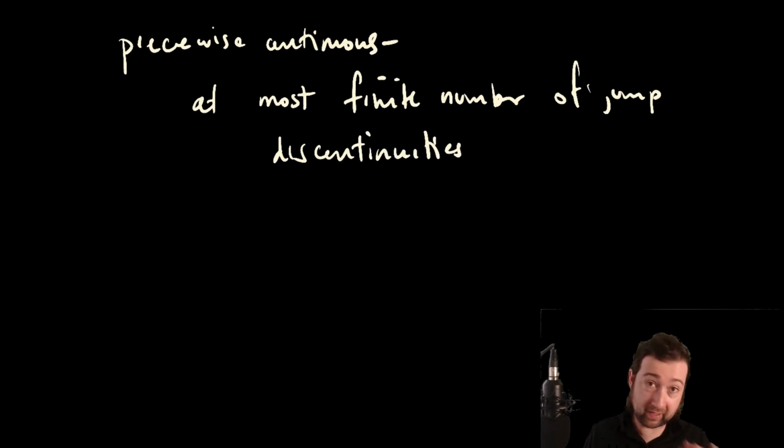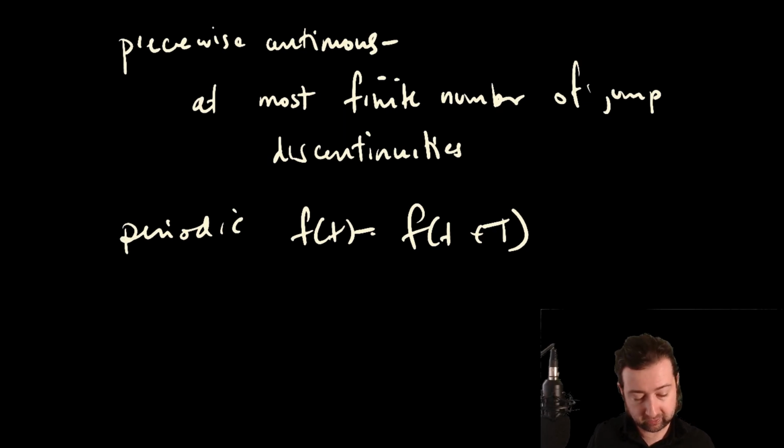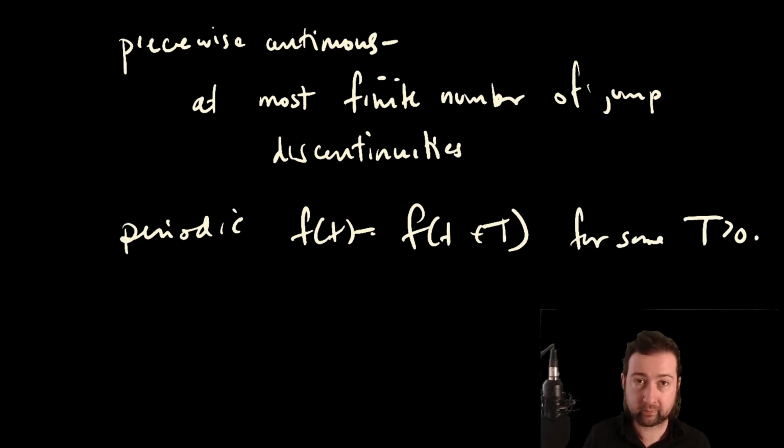That is, no asymptotes. We're still not allowing asymptotes to happen here. And by periodic, we already know what that means. Periodic means that f of t is equal to f of t plus capital T for some T. Having the derivative piecewise continuous means that the derivative satisfies the piecewise continuous property, which is that the derivative is continuous except for possibly a finite number of jump discontinuities.